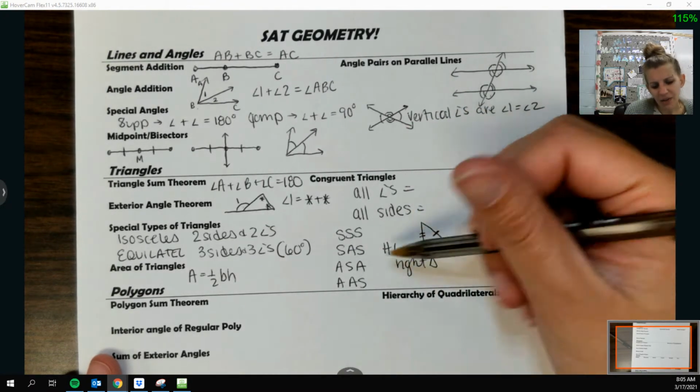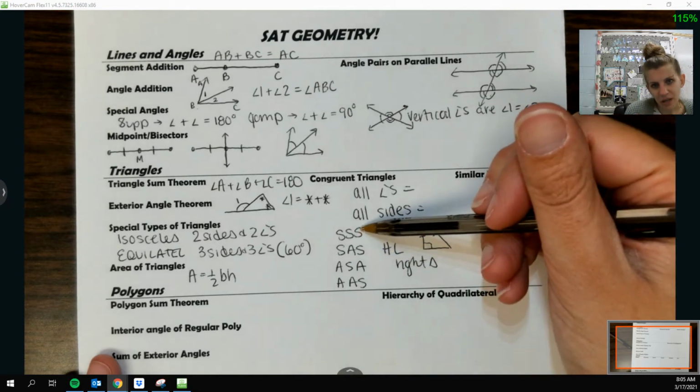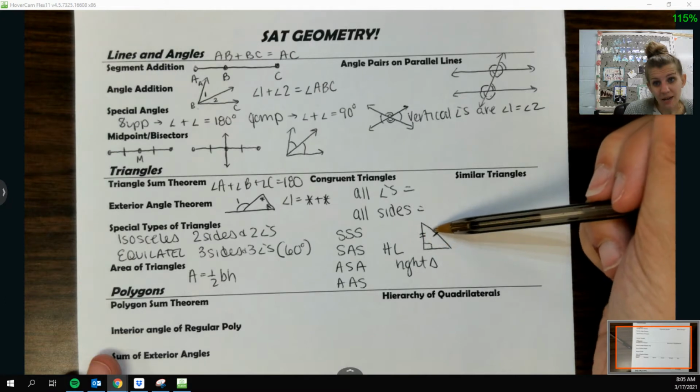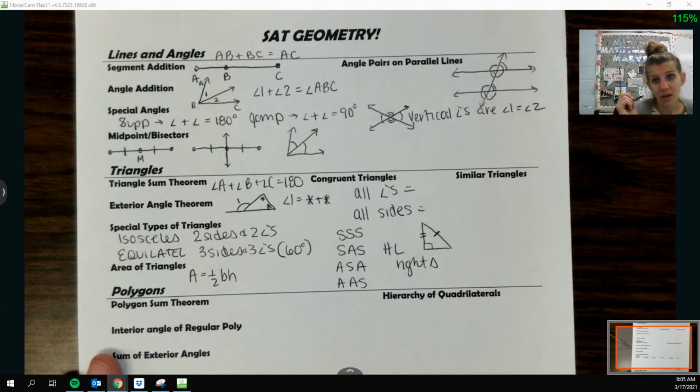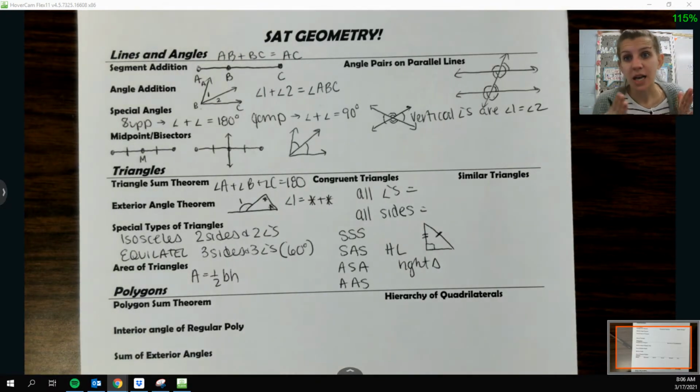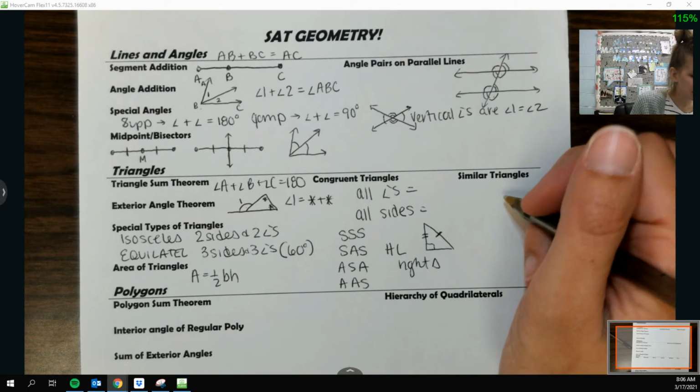And like the little acronym that we would use here, like side, side, side or side, angle, side or whatever, would be angle, side, side. That's why you don't use that. Normally we can't use angle, side, side to prove general triangles are congruent. However, if that triangle is a right triangle, because of the Pythagorean theorem, the hypotenuse-leg theorem works. And then we also talk about similar triangles.